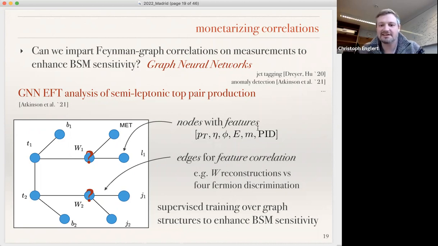So particle ID, transverse momentum, the calorimeter cell that it hits, and the energy deposit, and depending on the PID, that's also linked to the mass. Then you introduce edges between these nodes, which is essentially a measure of correlation. So it just tells you how these nodes are correlated.